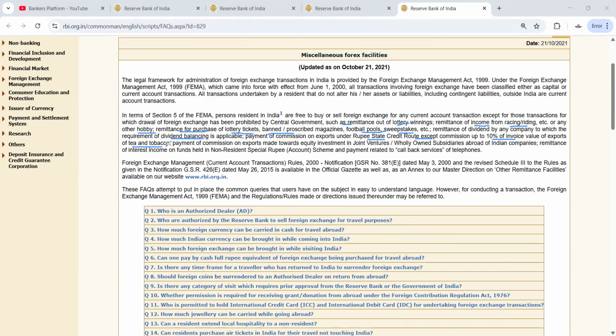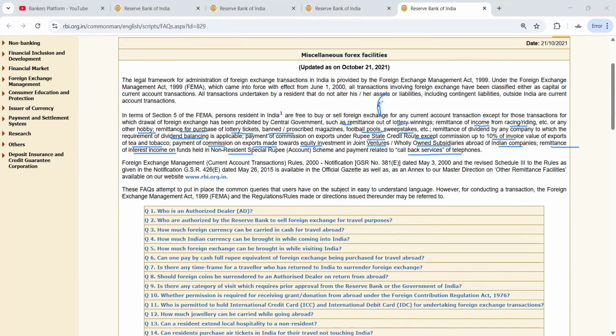So these are the different things for which the payment cannot be made. Also payment of commission on export made towards equity investment in joint venture or wholly owned subsidiary abroad of Indian companies, remittance of income on funds held in non-resident special rupee account scheme, and payment to callback services of telephone. So these are the various things for which the transaction is prohibited.